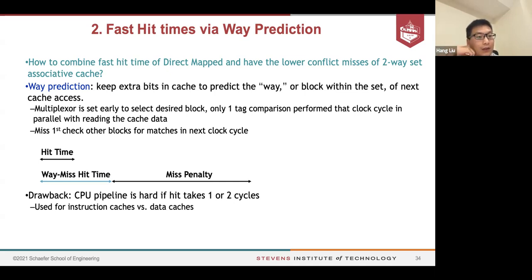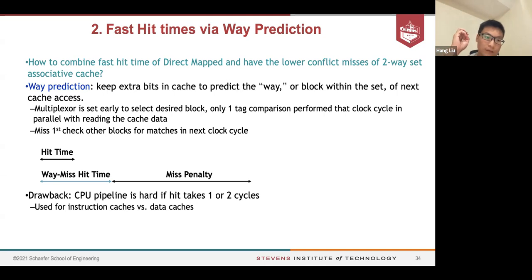What we can do is way prediction. We keep extra bits in the cache to predict the way, or the block, within the set. The multiplexer is set early to select the desired block. Only one tag comparison is performed because we did that prediction, right? If we have a miss, then we check the other block, which would definitely be the one.